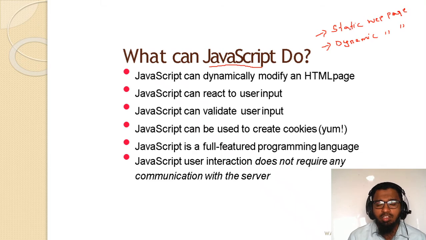As I gave you the example for the static page, take the Gmail login. Okay, the Gmail login is a static web page. A static web page is nothing but, whenever you open Gmail the first time, the login page will appear the same to all of them.